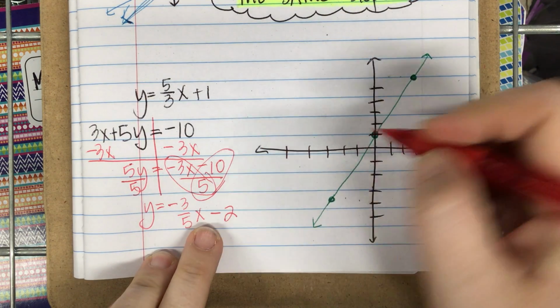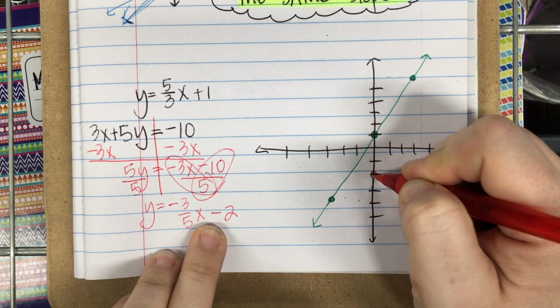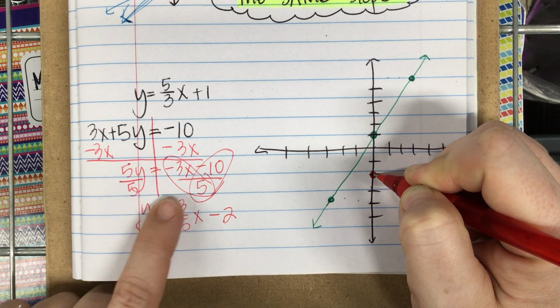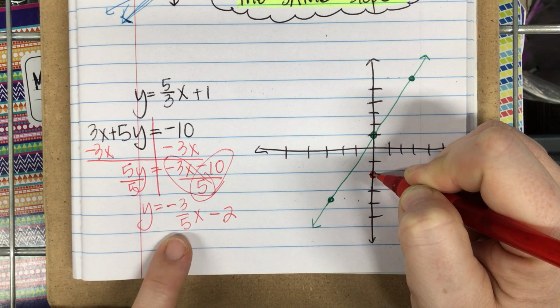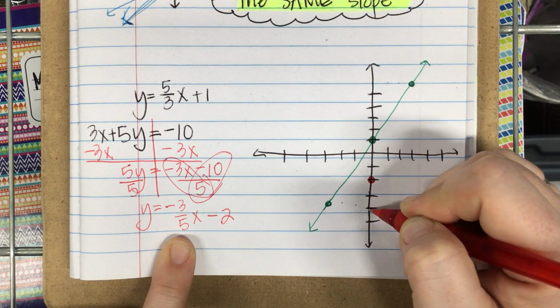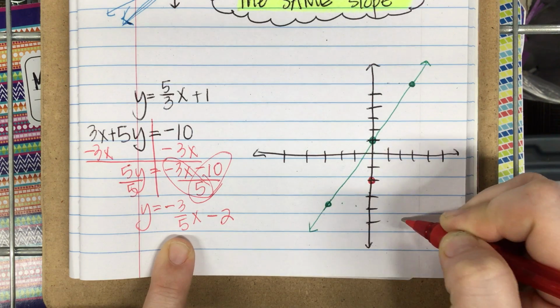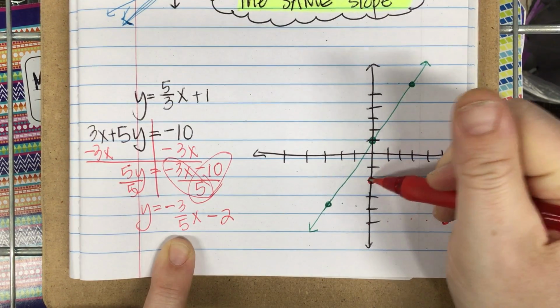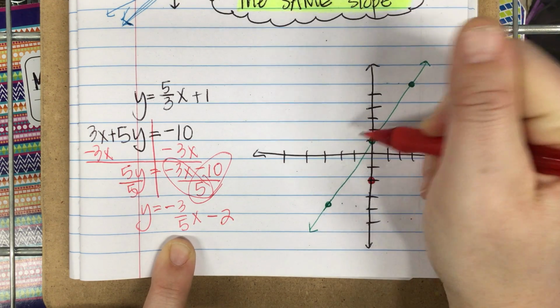So if I was going to graph this, I'd go negative 2. And my slope is negative 3 over 5, meaning down 3, positive 5. And up 3, negative 5.